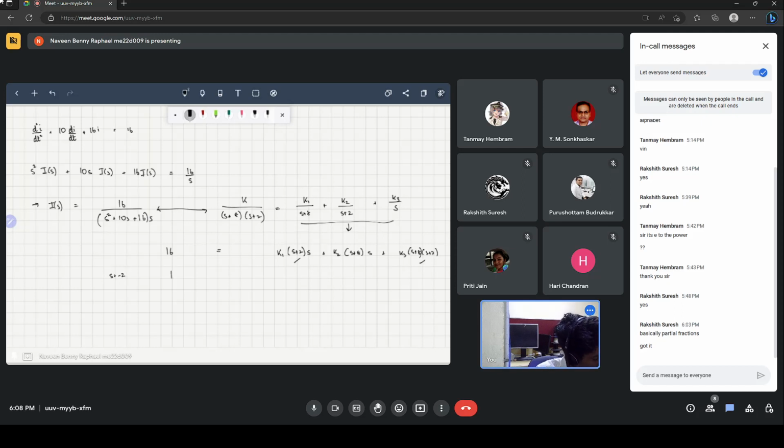And therefore we'll get 16 is equal to k2 into (s plus 8). S is minus 2, so 6 into minus 2. That gives us k2 is equal to 16 by 12, which is 4 by 3.